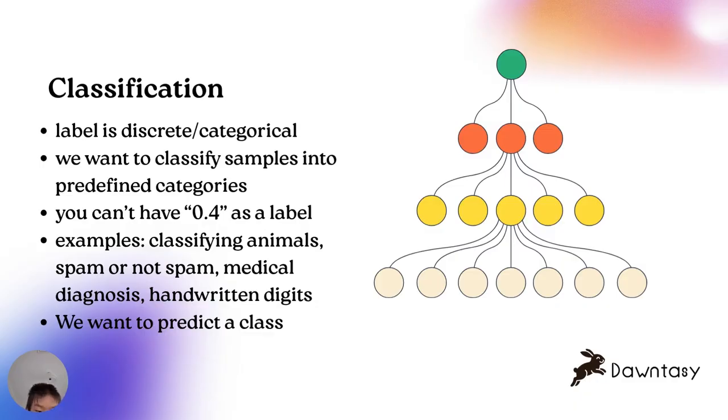So we have boxes or categories in which we want to classify samples into. We're not necessarily trying to predict an actual number this time. We're trying to classify things into predefined groups, predefined categories. And we want to predict a class for this.